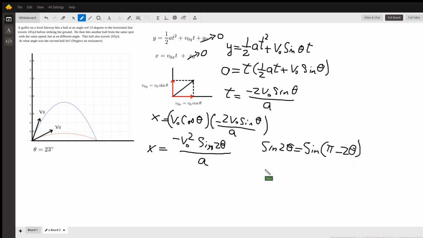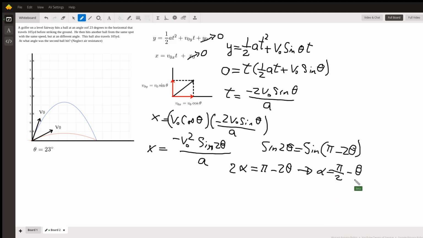Okay, so in other words, if I can find another angle where pi minus 2 theta is equal to 2 times that angle, that gives me the other angle that would satisfy all these conditions. In other words, what angle alpha can I find so that 2 times alpha becomes equal to pi minus 2 theta? And then from this, we can clearly see that alpha has to be equal to pi over 2 minus theta.